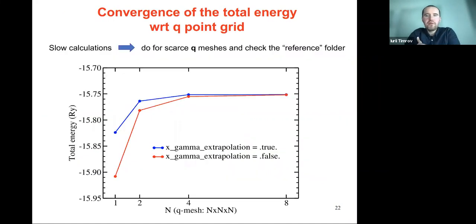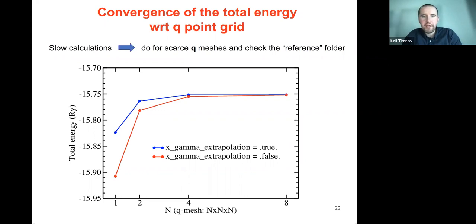Okay, and now we need to do the exercise. We need to run a hybrid functional calculation with PBE0 for bulk silicon. We need to compare the total energy using different Q-point meshes and see how the total energy converges with the size of the Q-point mesh. So I remind you that we're using here a simplification where we replace the one summation over k points by a summation over Q points, but this is an approximation and we need to be sure that we are not making a big error there.